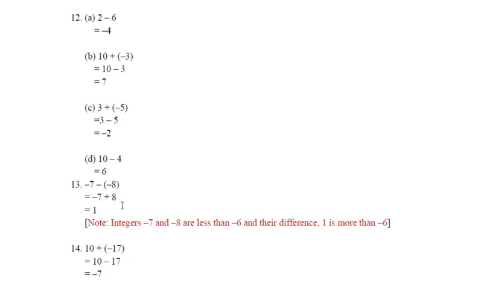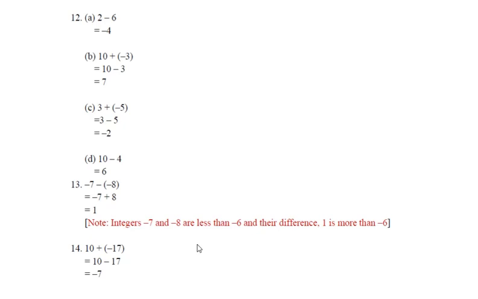Now these integers should be less than minus 6, which means minus 7, minus 8, minus 9, minus 10, minus 11, minus 12, 13, 14. It can go up to any number. But the answer should be more than minus 6. So your answer can be minus 5, minus 4, minus 3, minus 2, minus 1, 0, positive 1, 2, 3, 4, 5.